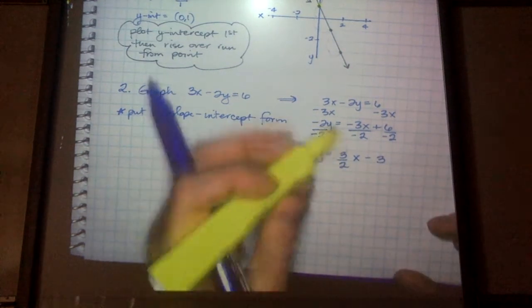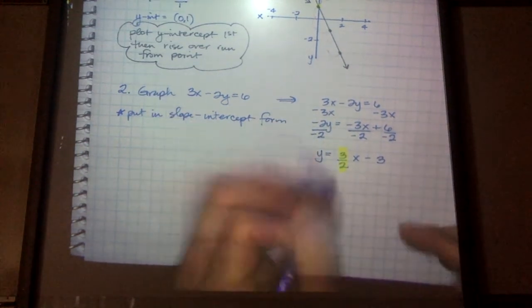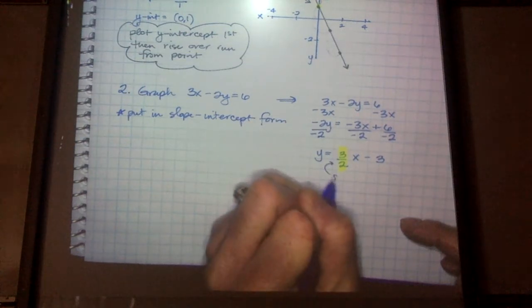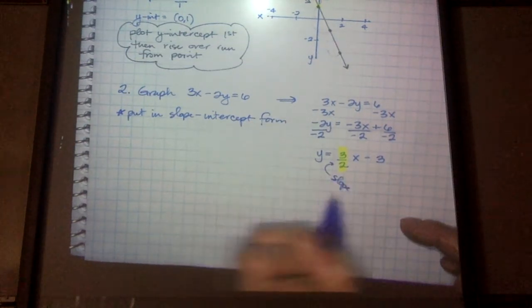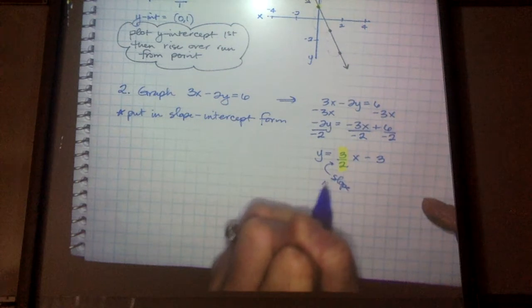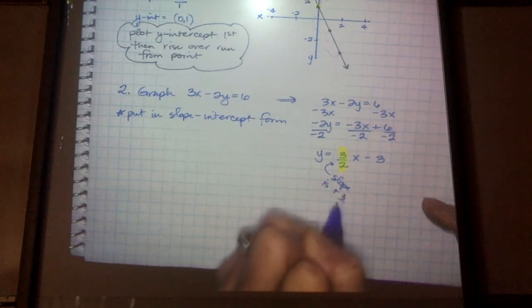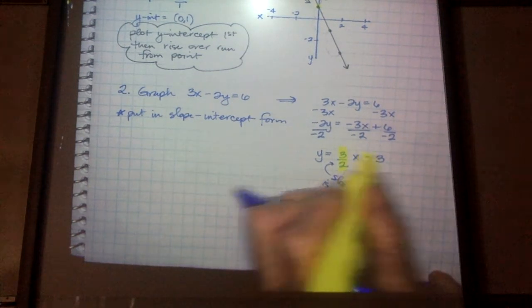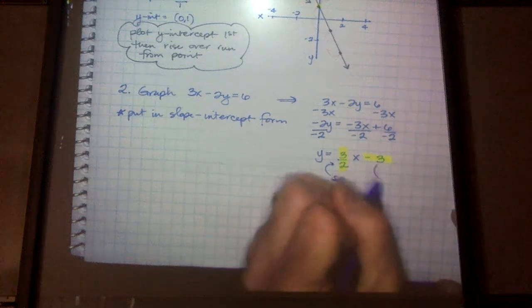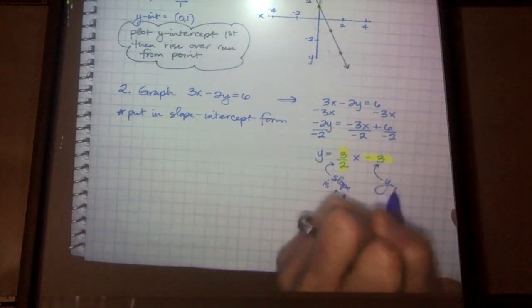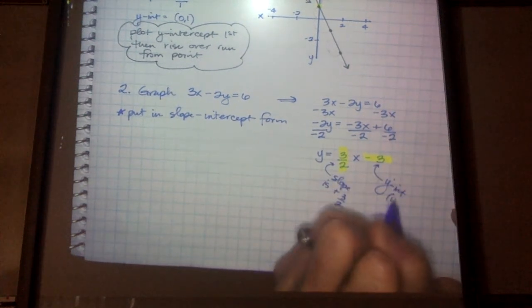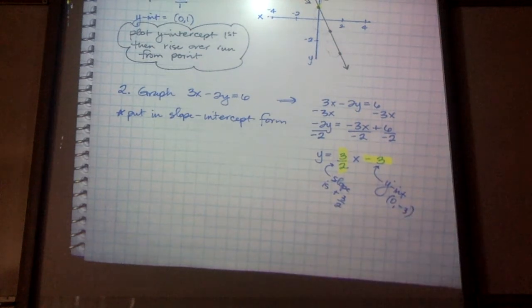So here is my slope. Slope is positive 3 over 2 and negative 3. That right there is my y-intercept. So that's at 0, negative 3.